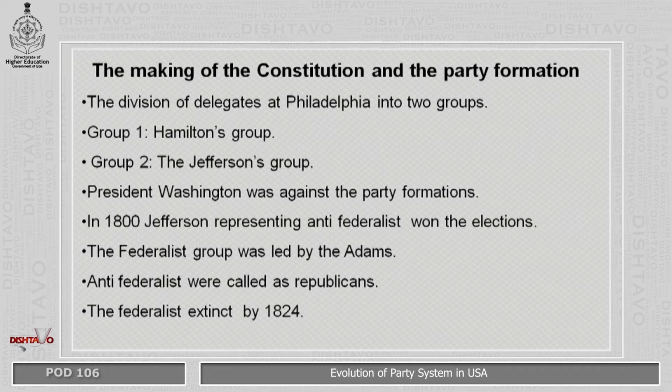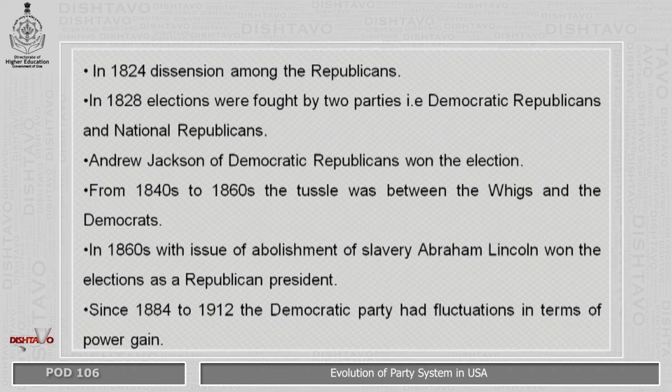In the fight between the Federalists and the anti-federalists, the Federalists became extinct by 1824. In 1824, there was dissension among the Republicans. When the Federalists were extinct, the only group left was the anti-federalists, but within them there were dissensions and differences.